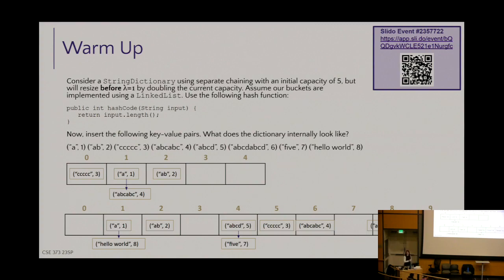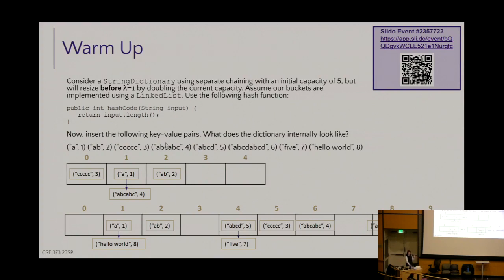Could you go over why ABCD made lambda equal 1? So we are calculating lambda as n over c. When we put in A, our n was 1, then our n was 2, 3, 4. At that point, our n was 4, and our capacity was 5 all the way along, which was fine.